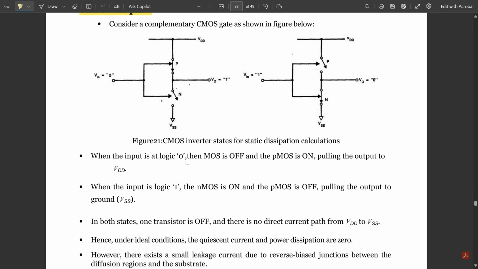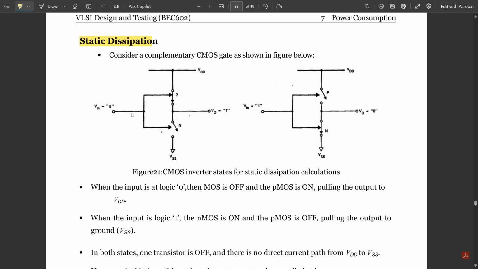When the input is at logic 0, that is, when V in is equal to 0, NMOS is off and PMOS is on. Here NMOS is off, that is, this switch is open, pulling the output to VDD. Since this is off, the output goes directly towards VDD, so you get logic 1.